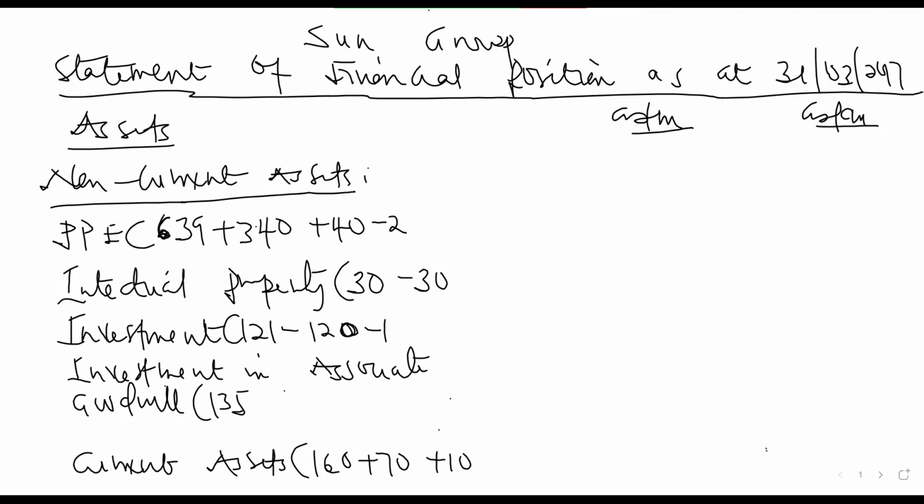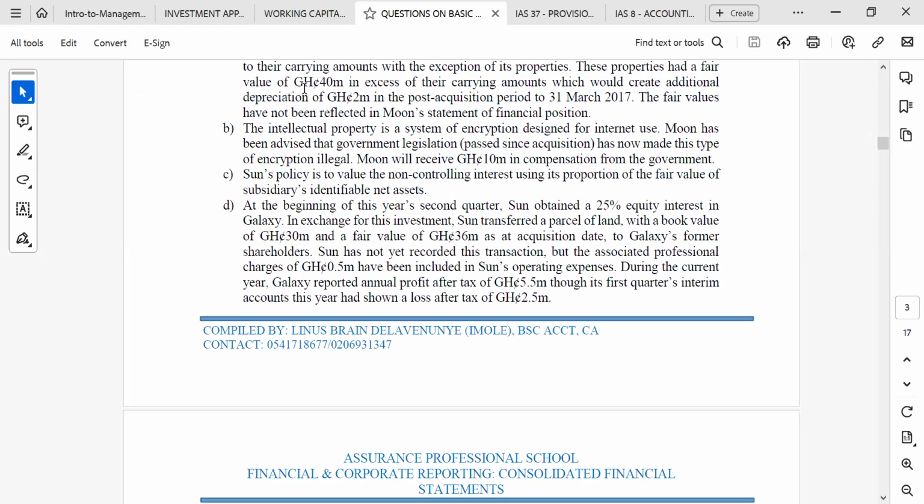So let's go to that question and read. Okay. All right, continue. In exchange for this investment, Sun transferred a parcel of land with a book value of 30 million and a fair value of 36 million at the acquisition date to Galaxy's former shareholders.